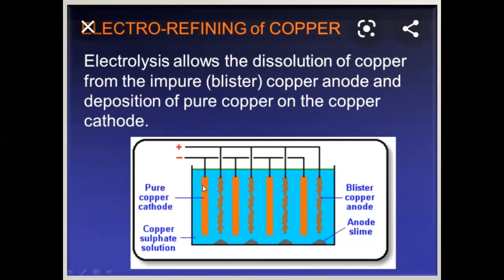The size of the pure copper cathode goes on increasing, and that of the impure copper anode goes on decreasing. All the impurities settle down as anode slime or anode mud at the bottom. These are the anodes and cathodes, and this is called electrolytic refining of copper.